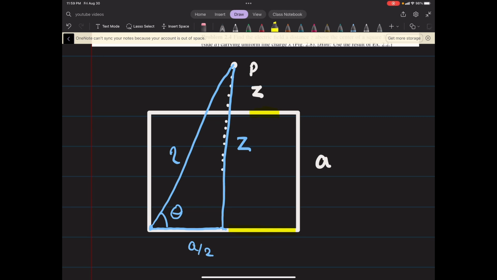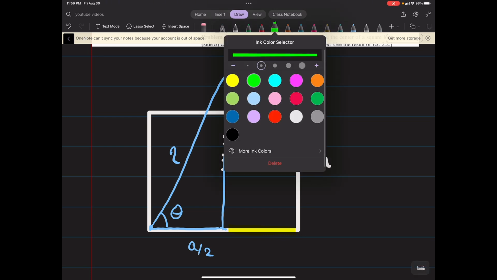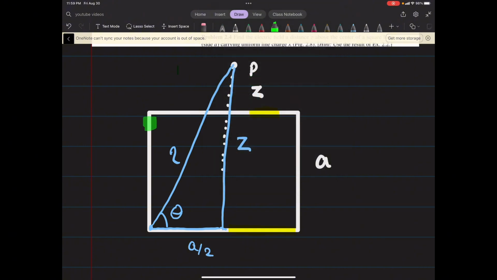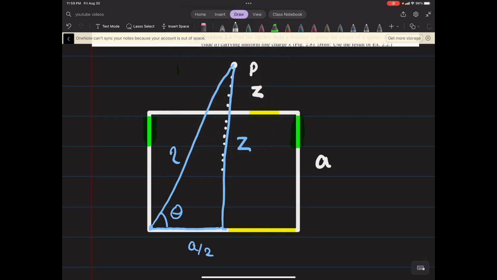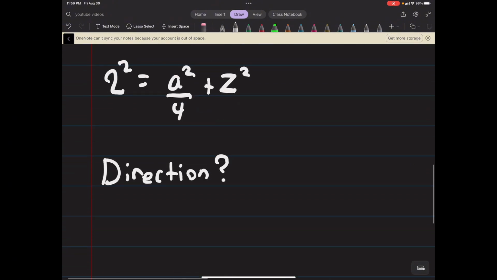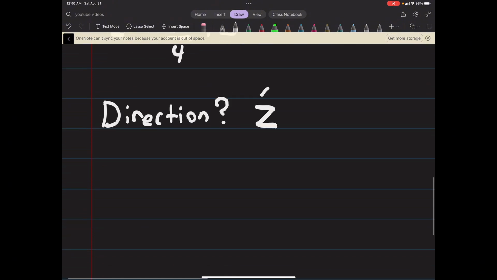So these two will have, depending on how you set it up, a z component, but also an x component. And the x components are going to be equal and opposite. Meanwhile, over here, you'll have a similar feature, except they'll cancel out in the y, for example. So, in other words, you're only going to be left with a z component for your electric field. So, it'll be in the z hat direction.